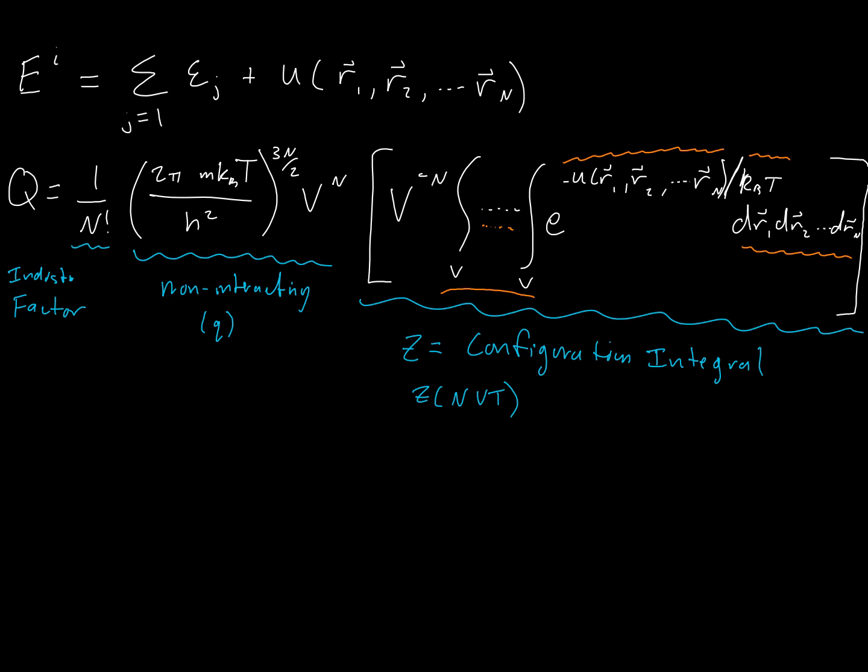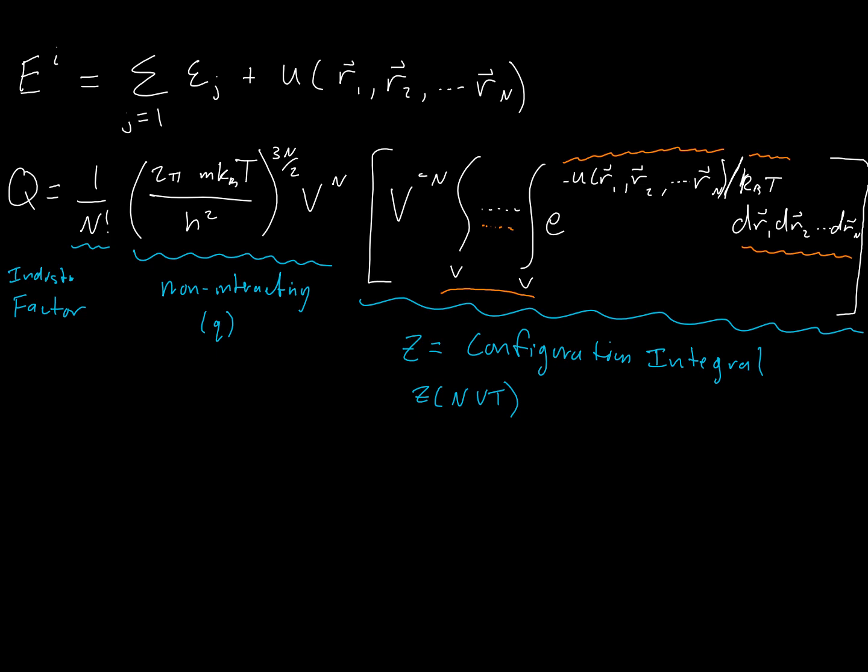Right, and this is a vector format as well. So for every one of these volume integrals, you would also have to break it down to dx, dy, dz, and you'd have to do that for n particles. So effectively you have three times n integrals to consider here. Not particularly fun.